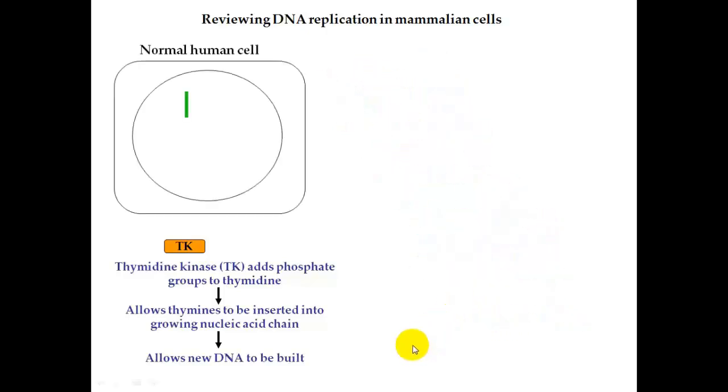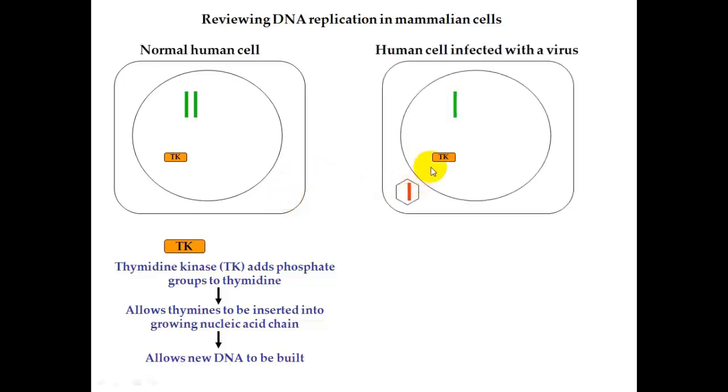So if you consider one of our healthy cells, so here's its nucleus, here is a chromosome, a piece of DNA within that nucleus. What we're saying is that in healthy cells, thymidine kinase would be expected to be found inside, right? Because they're important, again, for the building of new DNA molecules. It turns out that cells that are infected with viruses would also have thymidine kinase, but they could have a lot more thymidine kinase than a healthy cell, a lot more.